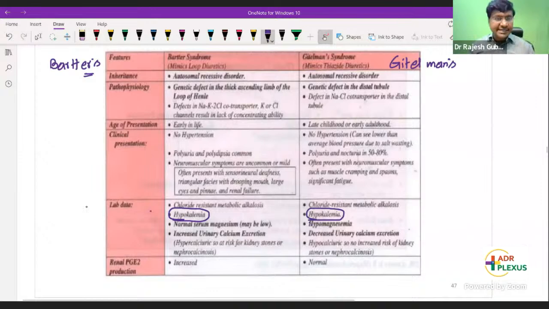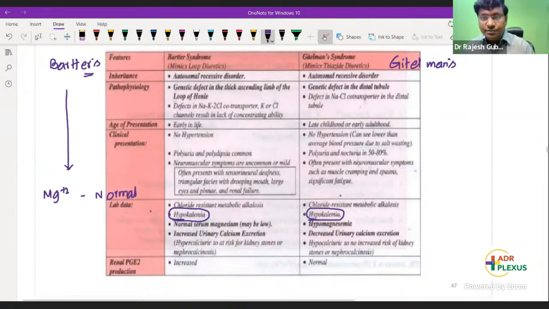Very important thing is that in case of Bartter's, the magnesium levels will be normal, whereas in Gitelman syndrome, you have hypomagnesemia, right? So this is one way by which you can differentiate.